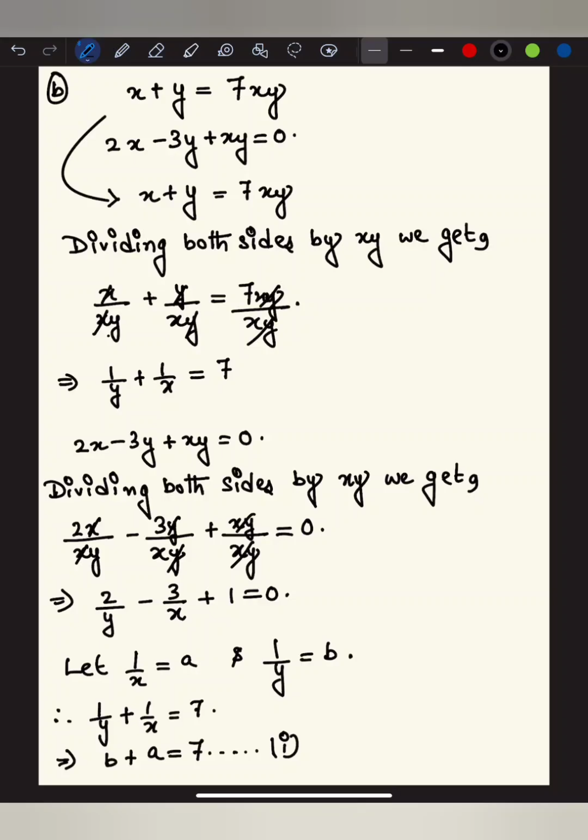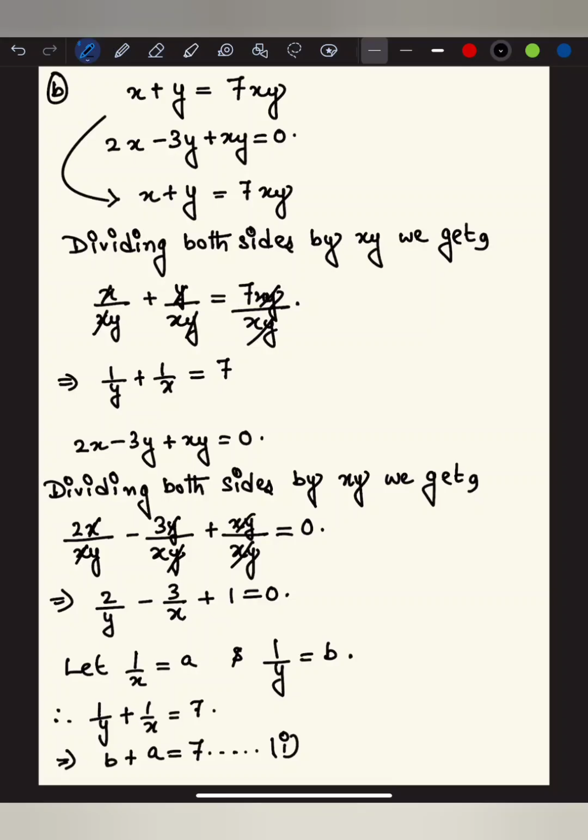x by xy plus y by xy equals 7xy by xy. Now this x gets cancelled out and we are left with 1 by y. Then this y gets cancelled out and we are left with 1 by x, and this xy gets cancelled out, and this comes up with 7, right?